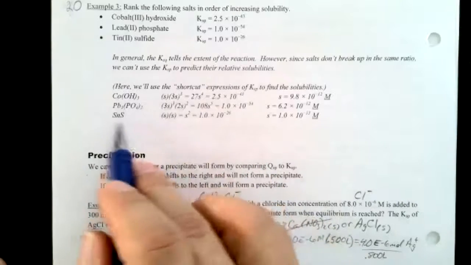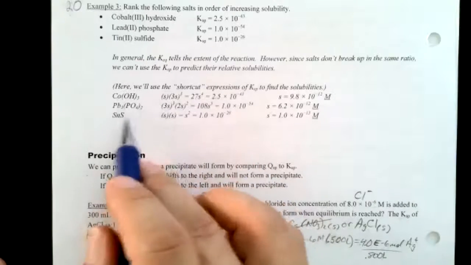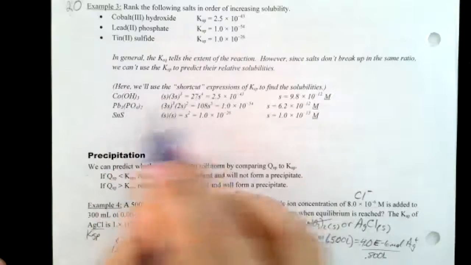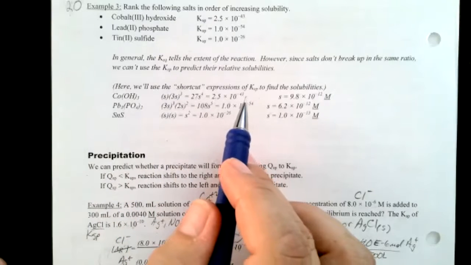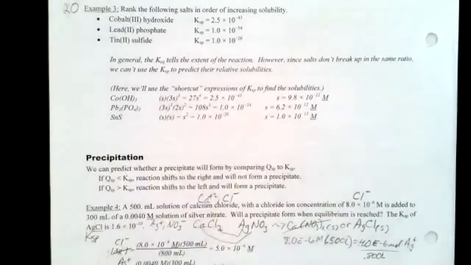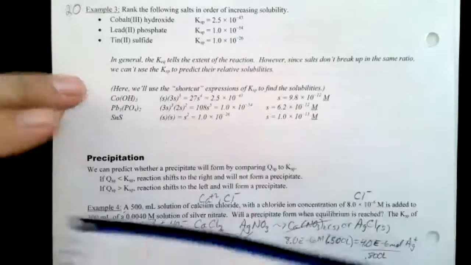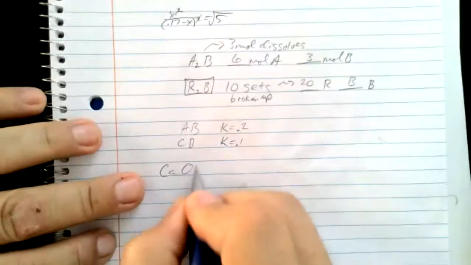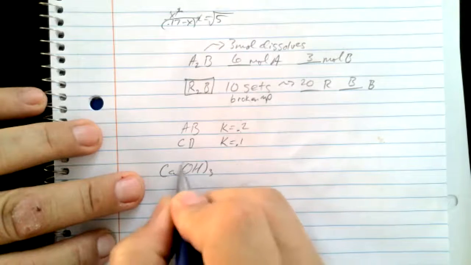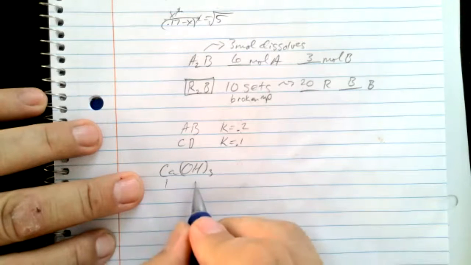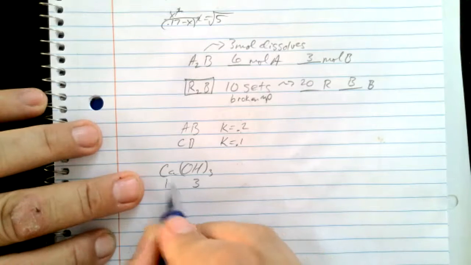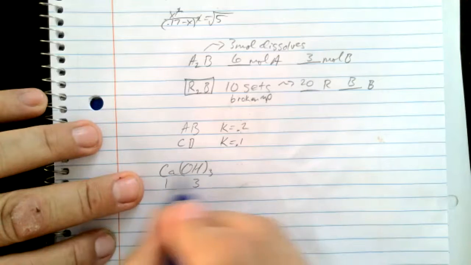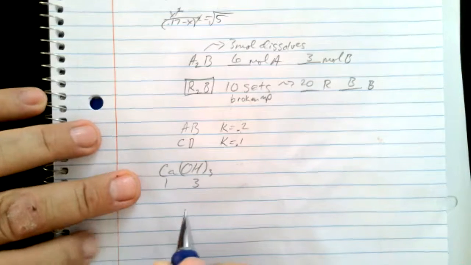Yeah. Jalen, does that work for you? Or do you want me to write out one of these fully all the way through? Can you write it out? So Co(OH)3 would be that. So I will get one of these and 3 of those when one of these dissolves. Does that work?